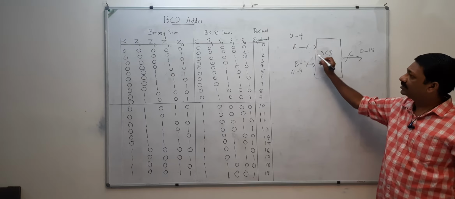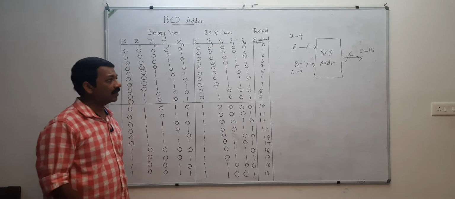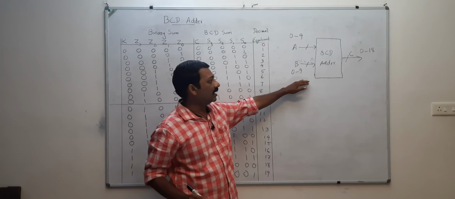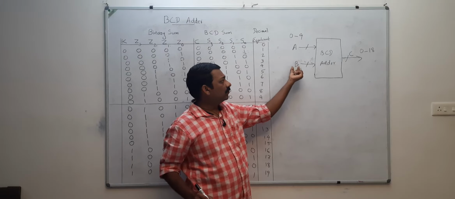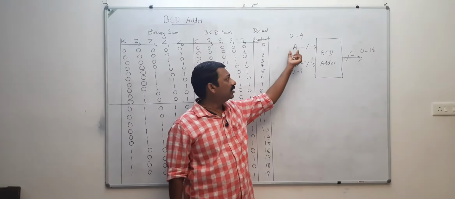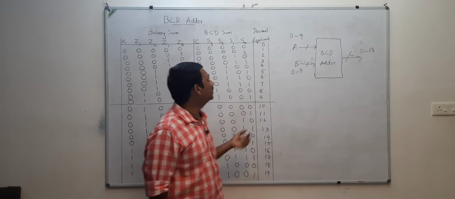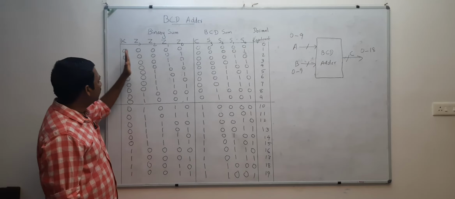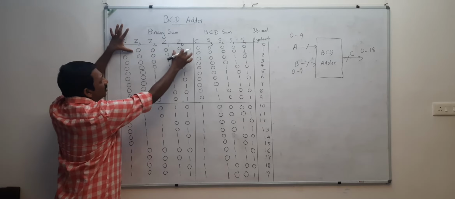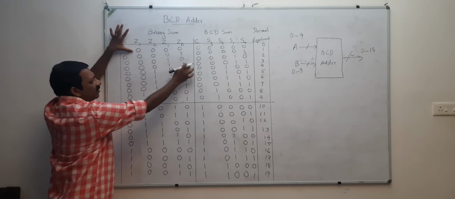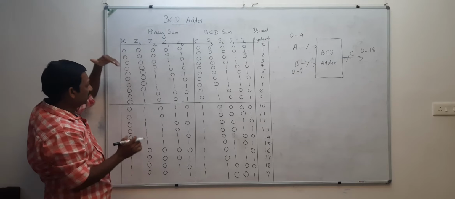If you have a binary adder, that means you have two 4-bit numbers, and when these two 4-bit numbers are added, the binary sum has a carry generated.